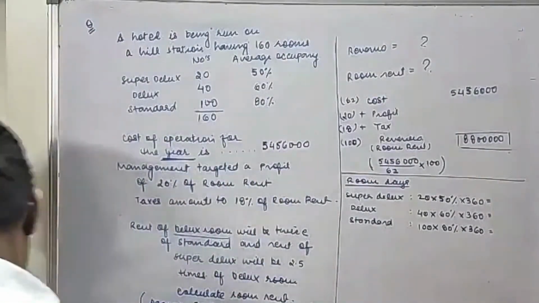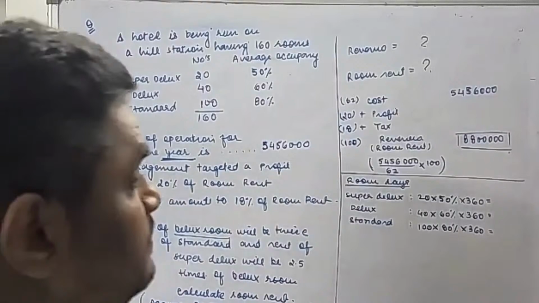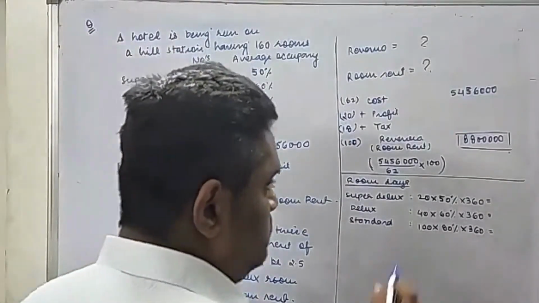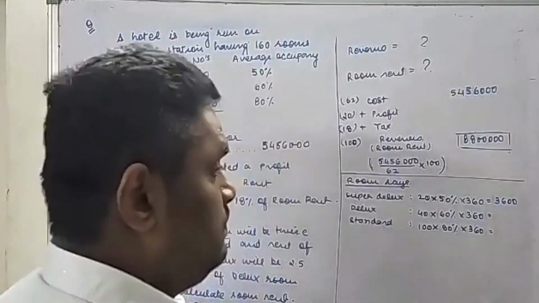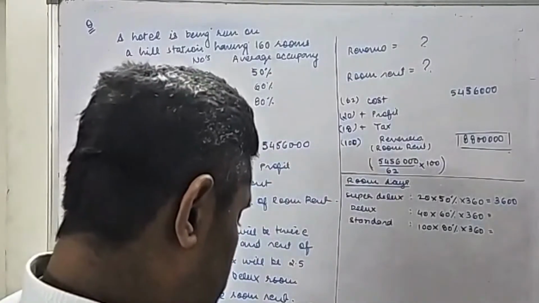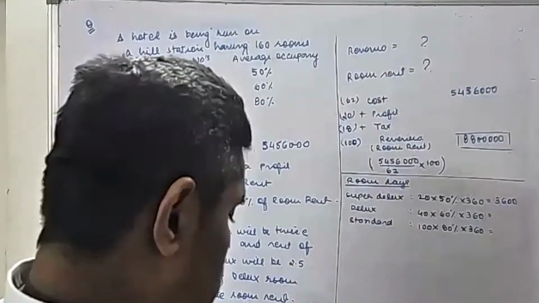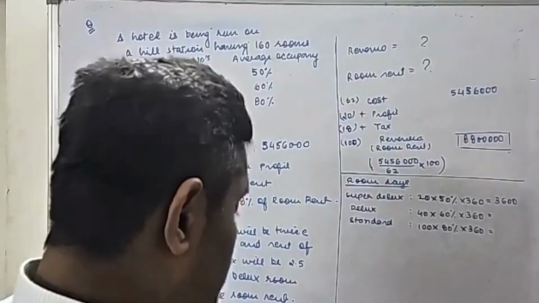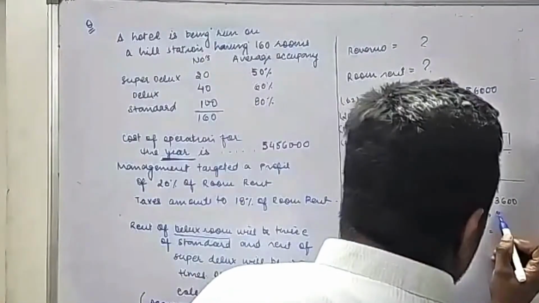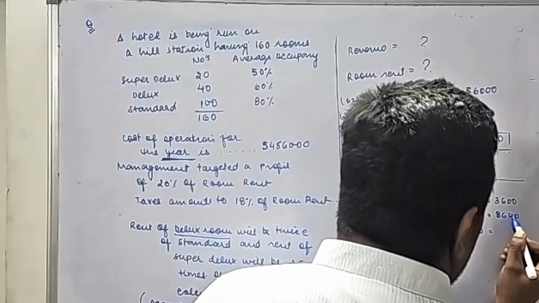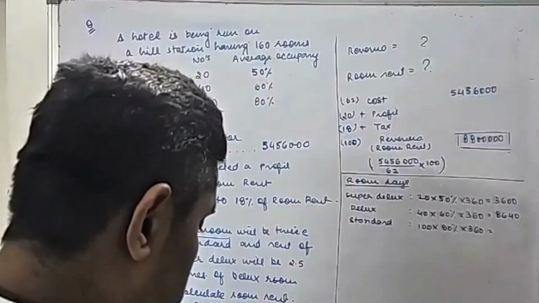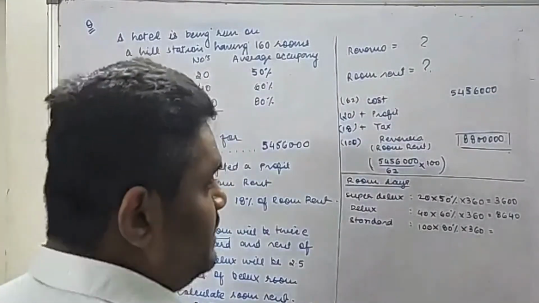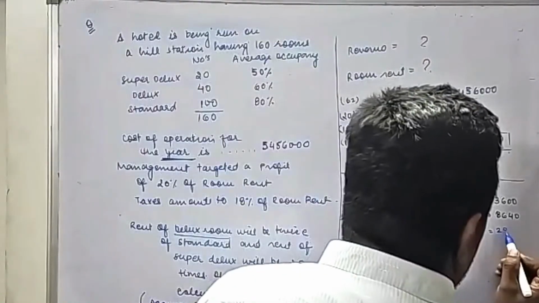So this will be 3,600. This will be 8,640. And this will be 28,800.